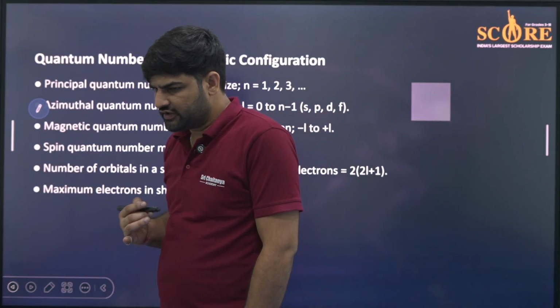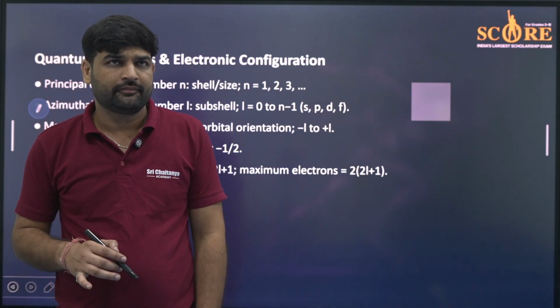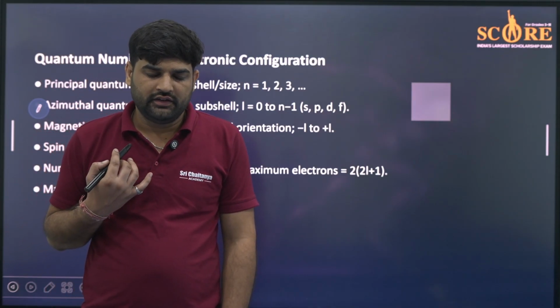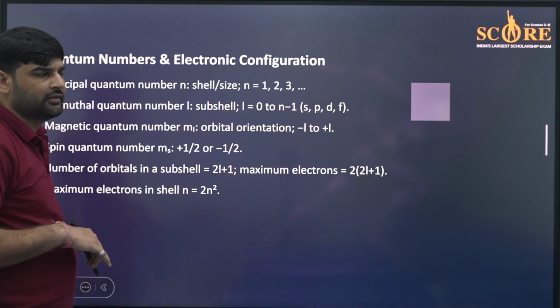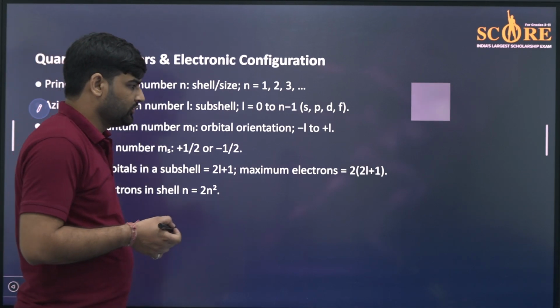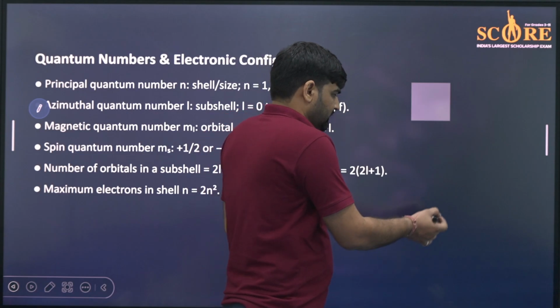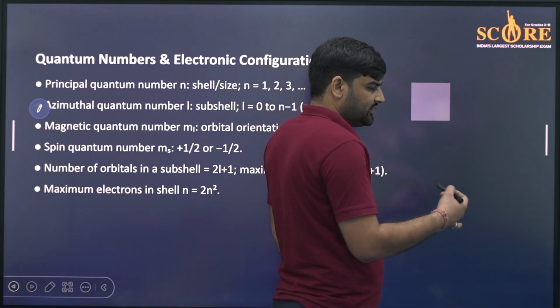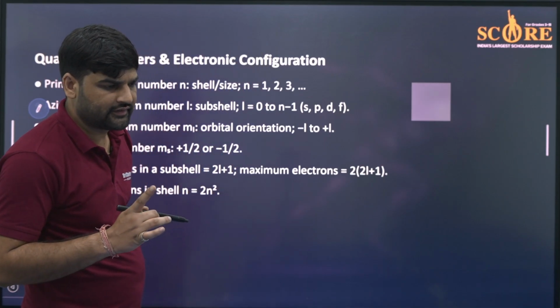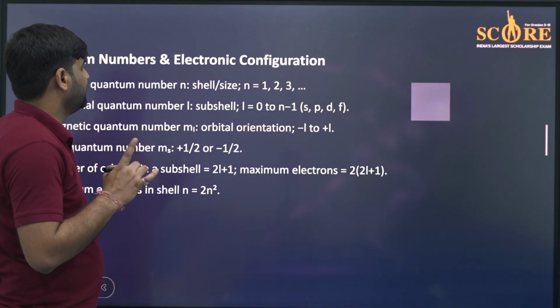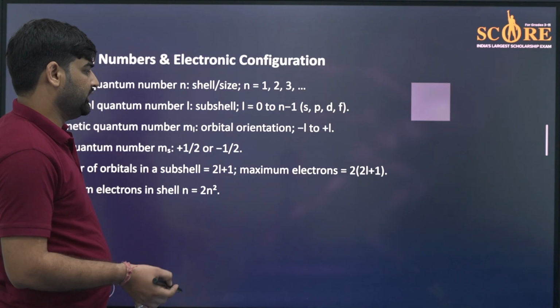So what is the need for which we have to study quantum numbers? The basic need is that we have to find the exact location of an electron in an atom.